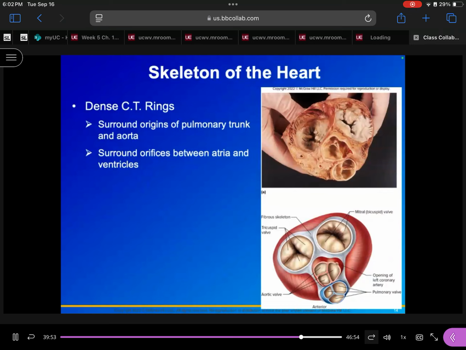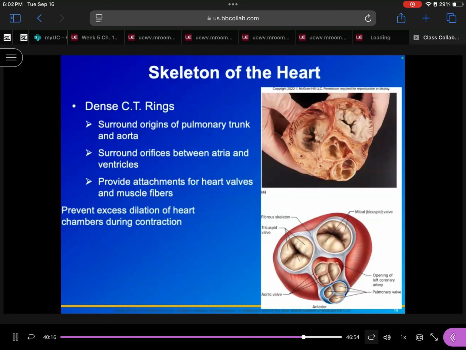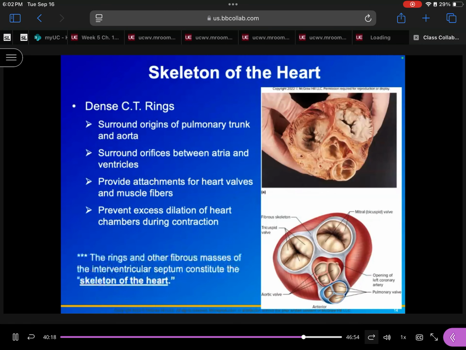And this is going to surround the orifices, which just means the openings to the atria as well as the ventricle. So it's holding it in place so that we can keep that open. Nothing is coming in where blood would be unable to pass. And this is also going to be important because it provides the attachment sites for the heart valves, right? They've got to attach to something to hold them in place, in addition to different muscle fibers.